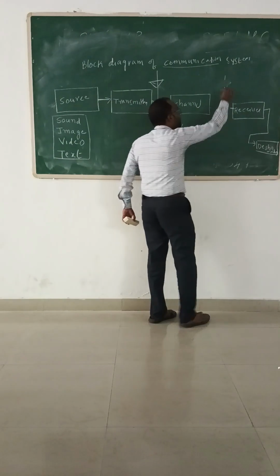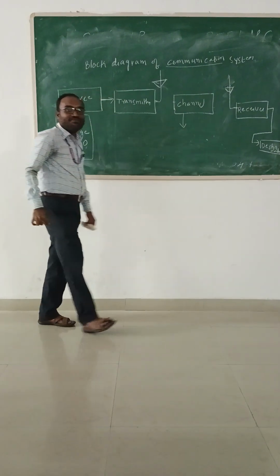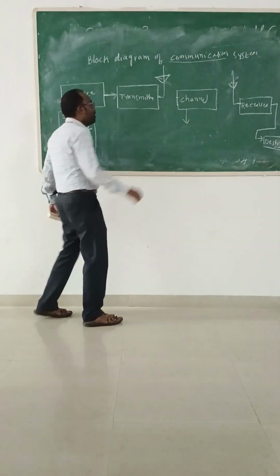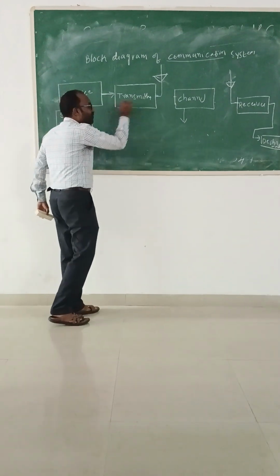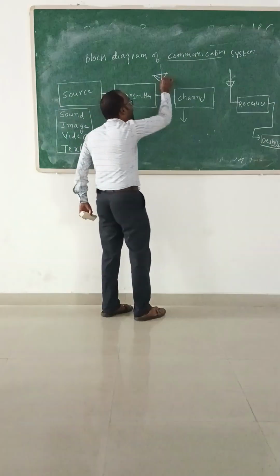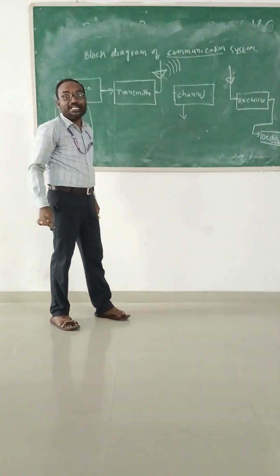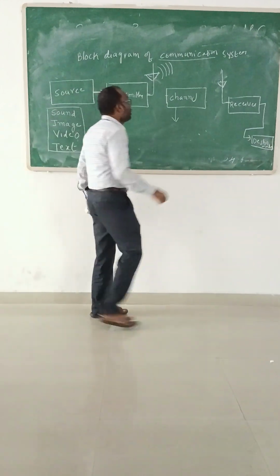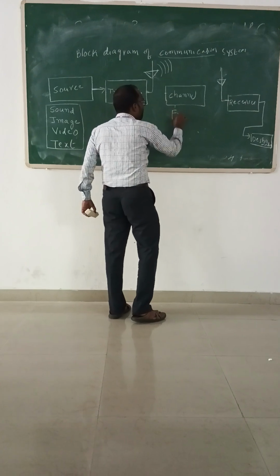The transmitter is connected with an antenna called the transmitting antenna, and the receiver is connected with an antenna called the receiving antenna. The transmitting antenna will take the information from the transmitter and radiate that information into the free space in the form of electromagnetic waves. So here the channel is nothing but the free space.